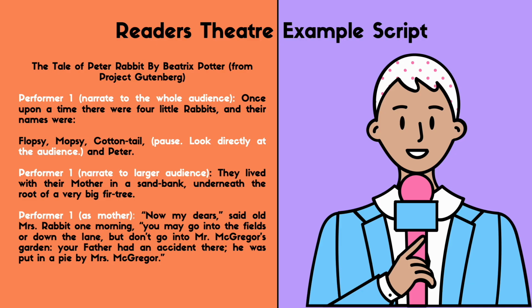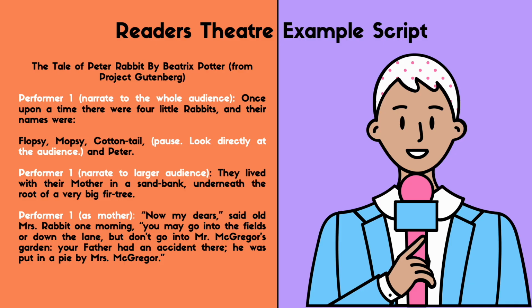You'll see that the performer or speaker of the text is designated, as well as stage directions, which are those white words within the parentheses. This example would have the performer narrating to the whole audience, the first part, and then would have them pause at different parts, narrate to the audience, and also take on the role of the mother. So it might sound something like this.